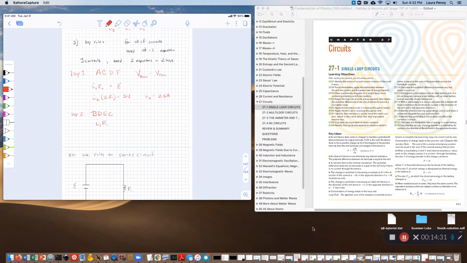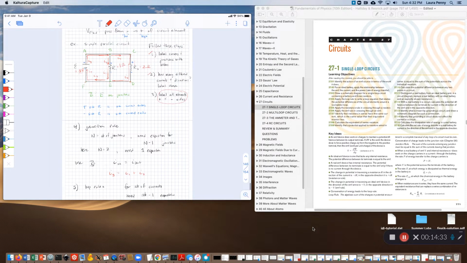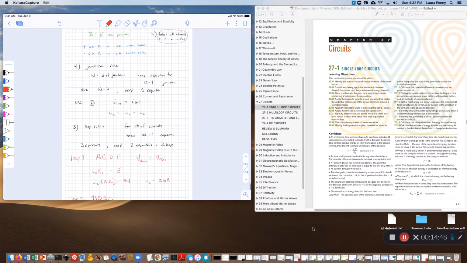I1, R1, and then from E to D, I get nothing, but then from D to C, now I'm going over this resistor. I'm moving from the negative side to the positive side. So I'm going to say that's a voltage rise of I2, R2.